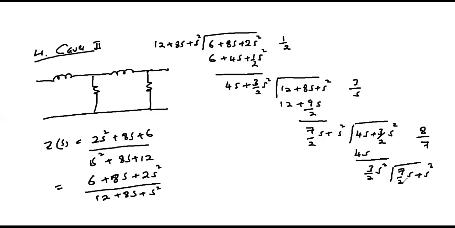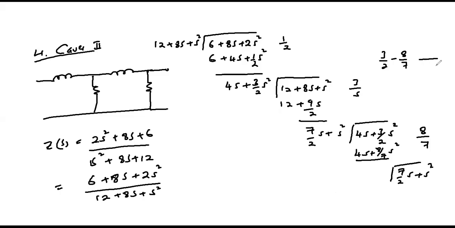Sorry, when I multiplied 8 over 7 by this, I should have had this as 8 over 7 s squared, so that the difference here will be 3 over 2 minus 8 over 7.